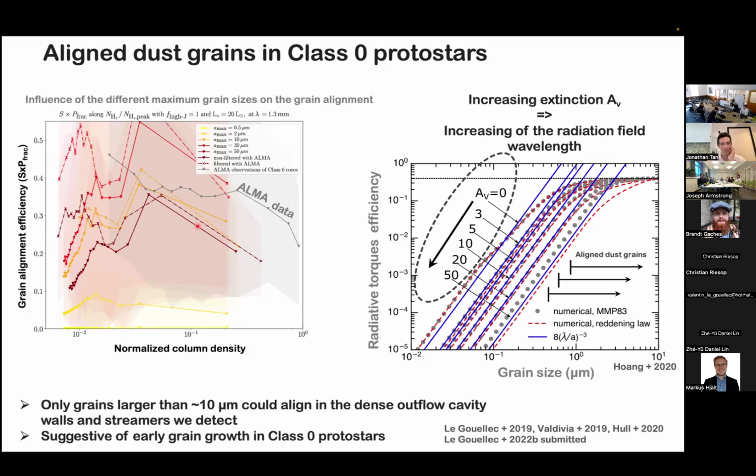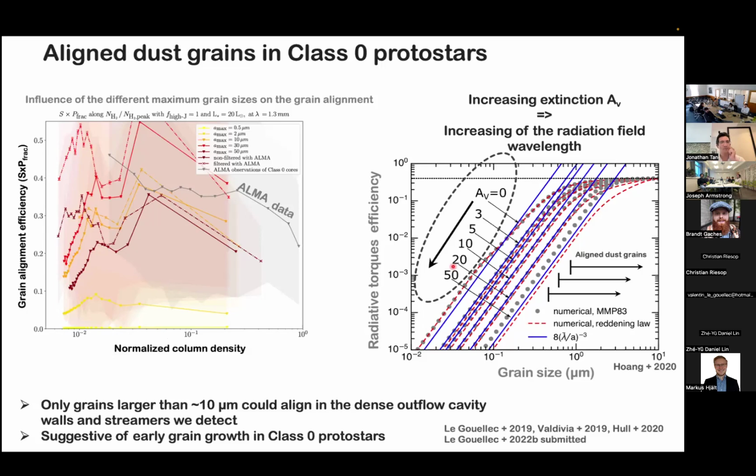No, actually, the argument that I made is still valid for all the shapes that you want. You need to have dust grains that are large enough to see the photons, and because the photons are mostly infrared and far infrared wavelengths, to see them you must have grains at least super-micrometric, because otherwise you will not be able to align them with the irradiation field that you have in the core.